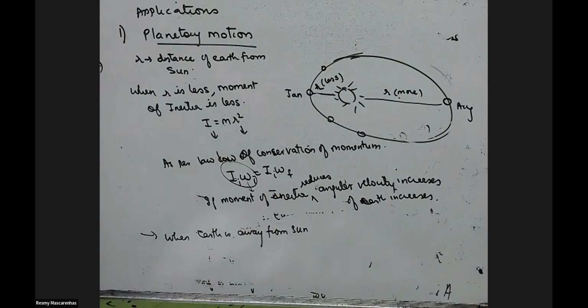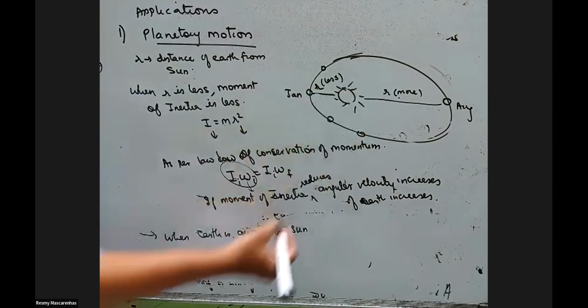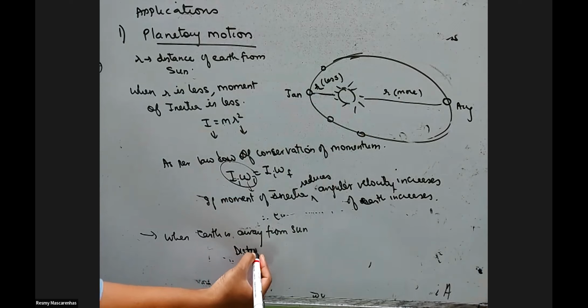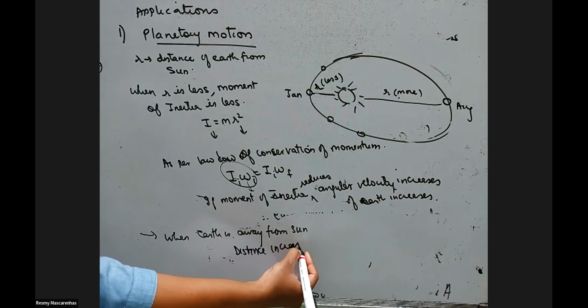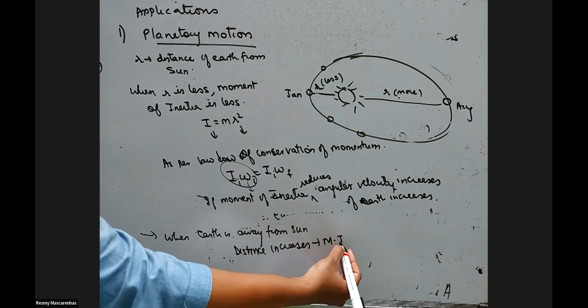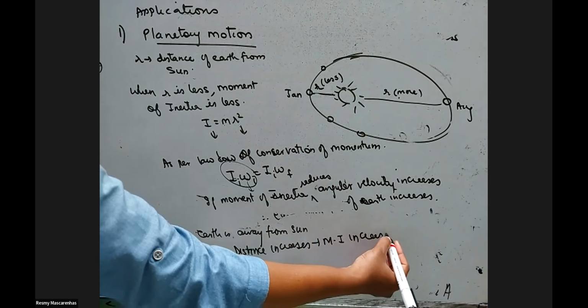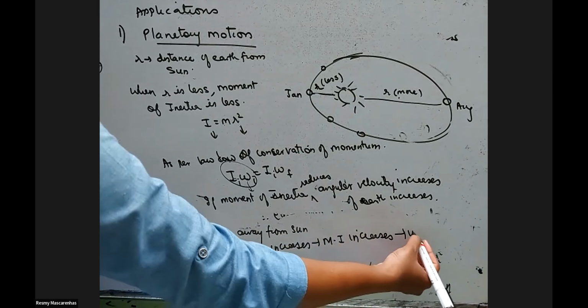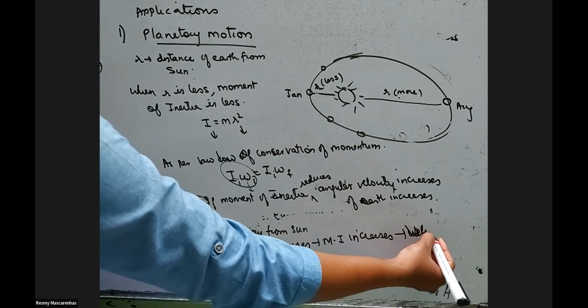Once again, what happens? Distance increases, the moment of inertia increases. If this increases, velocity decreases.